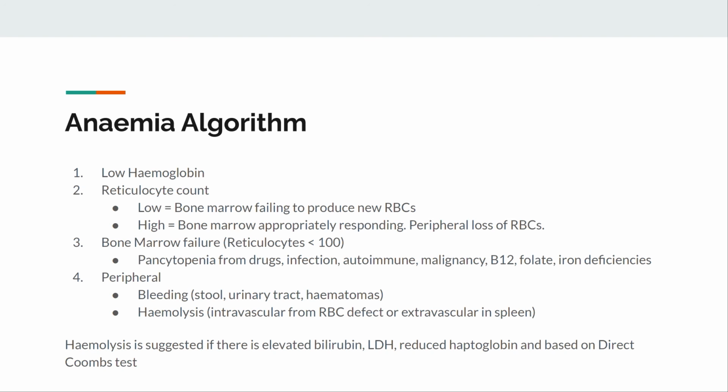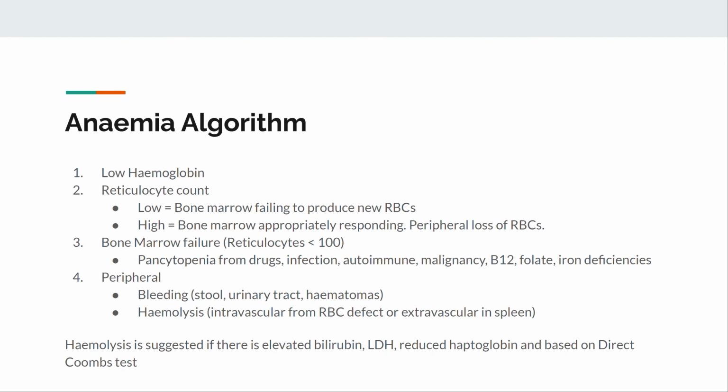If it's low, it means the bone marrow is failing to produce new red blood cells, so it points you towards an aplastic anemia from bone marrow failure. For example, they might have leukemia that's invaded the bone marrow and killed the cells that are meant to be producing red blood cells. If the reticulocytes are high, that's great. It means the bone marrow is working perfectly. So it must be something outside the bone marrow that's causing the anemia.